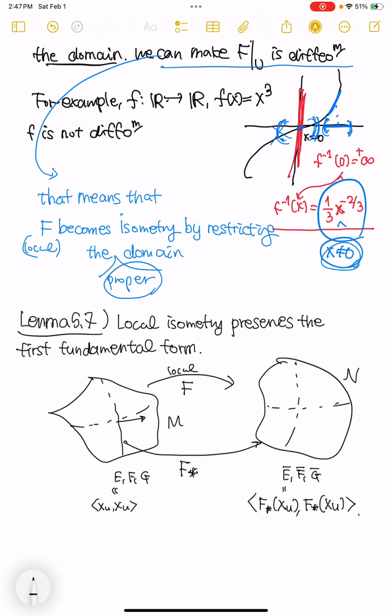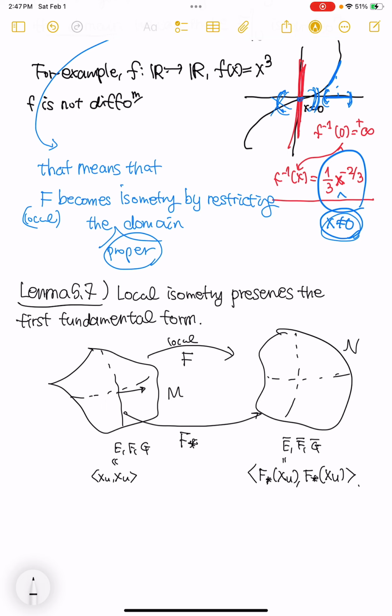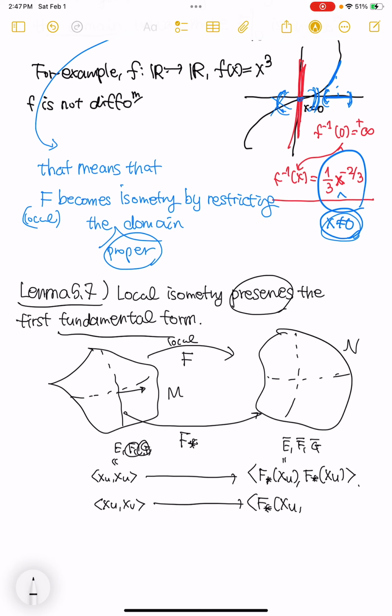Anyway, the local isometry preserves the first fundamental form. In the case of F, X_u and X_v are replaced by F star of X_u and F star of X_v, like this.